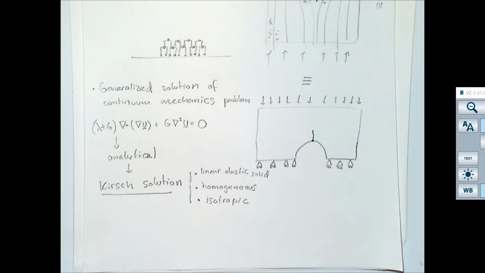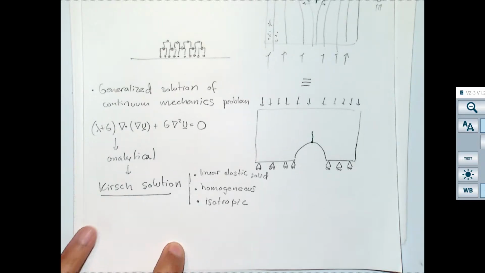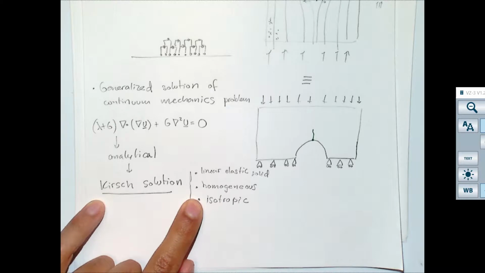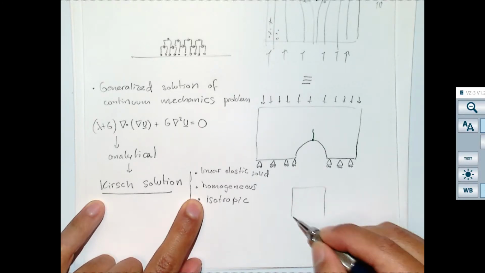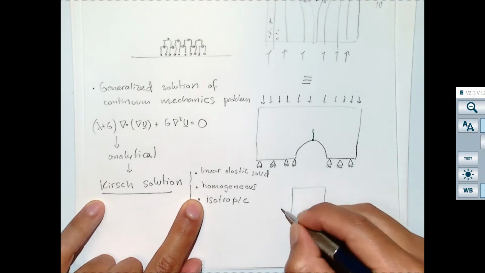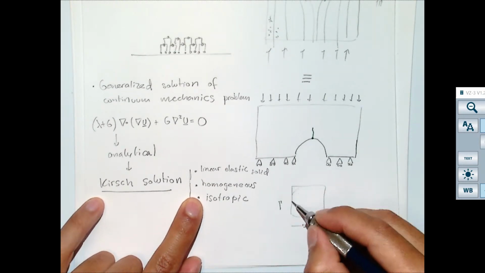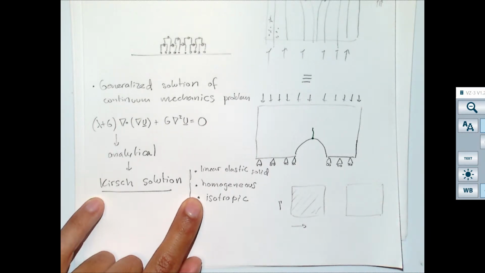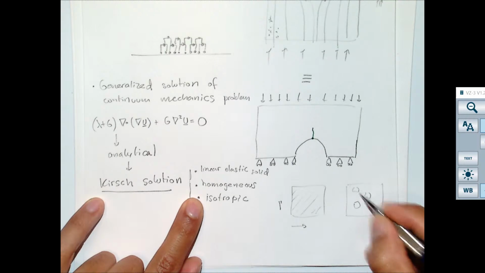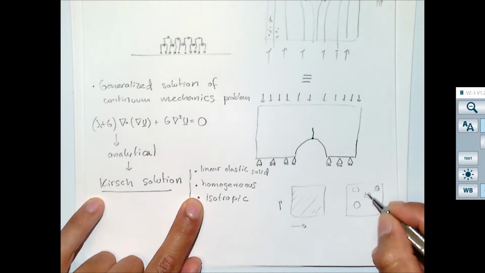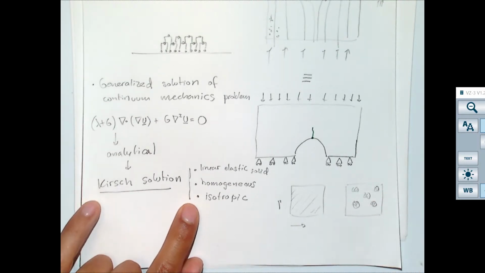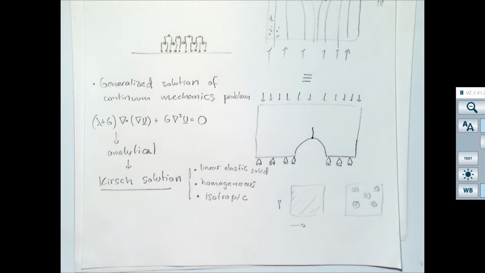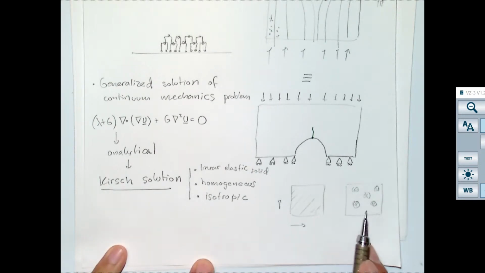What's the difference between homogeneous and isotropic? The difference is that if you have something which is homogeneous, that means that its properties as you move in this direction or in that direction are all the same. You could have another material that has some patches, and as you move from location to location, the properties are not the same. So this one is homogeneous, this one is heterogeneous.